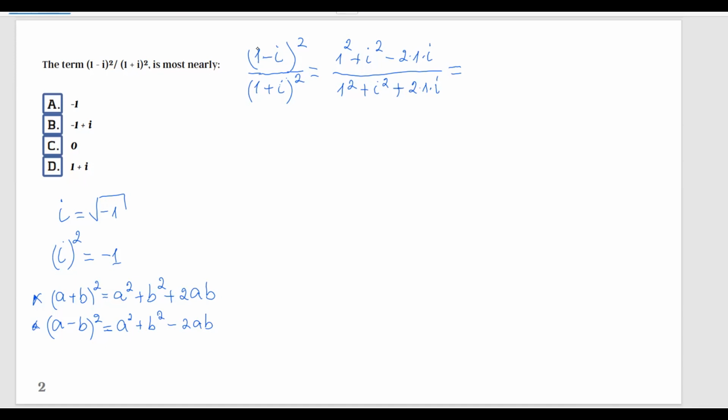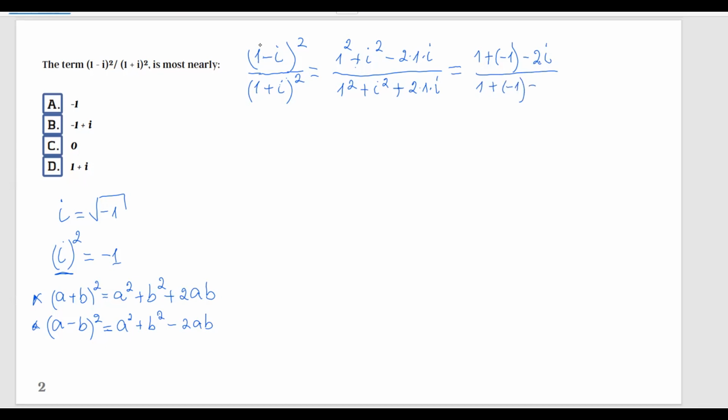Now we're going to calculate. 1 squared is equal to 1. Now i², as I wrote down here, equals minus 1. So I can say plus minus 1. And then minus 2 multiplied by 1 is 2, multiplied by i is 2i. Going to the denominator, we have 1 squared as 1, and then plus i² again. i² is minus 1, so plus minus 1.